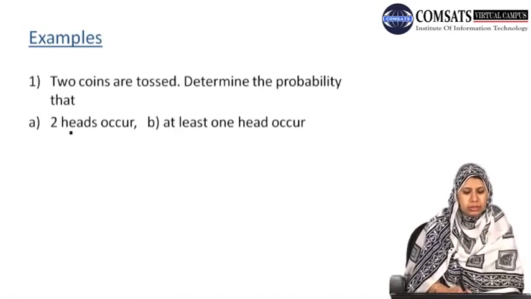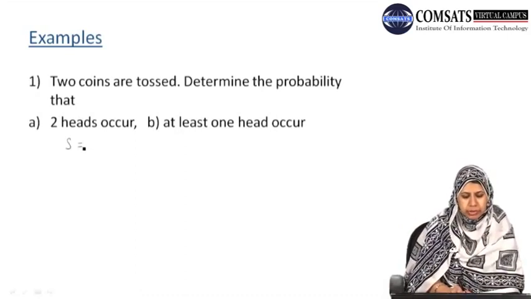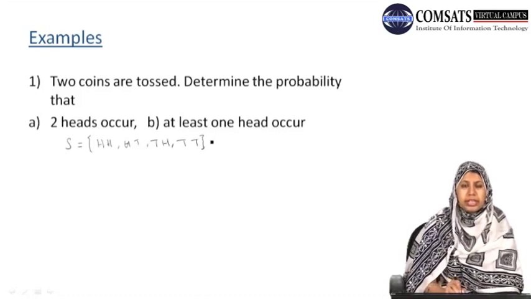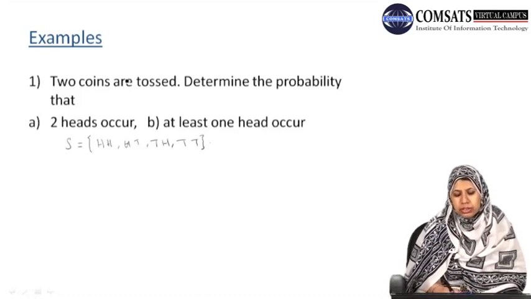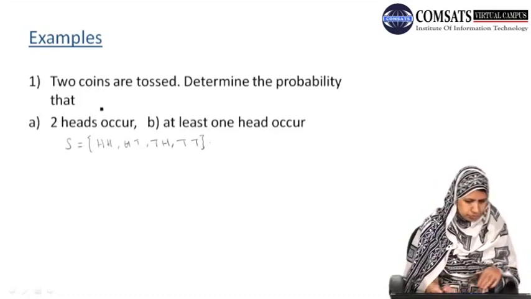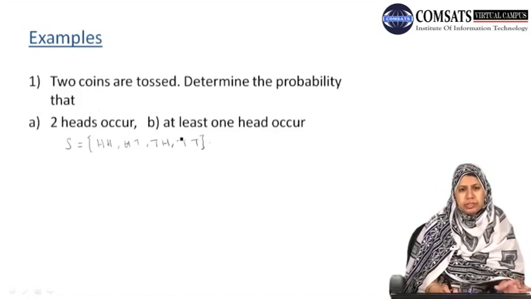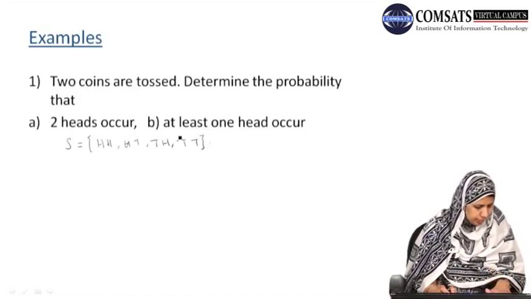Two coins are tossed, so our sample space will be head head, head tail, tail head and tail tail. This will be our usual sample space when we toss two coins, and we can also obtain the sample space with the help of our tree diagram.